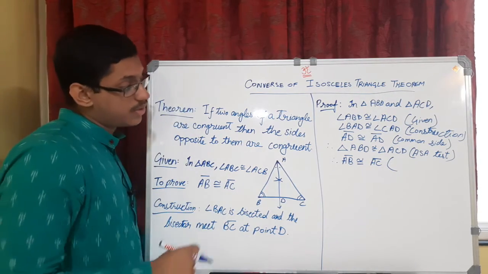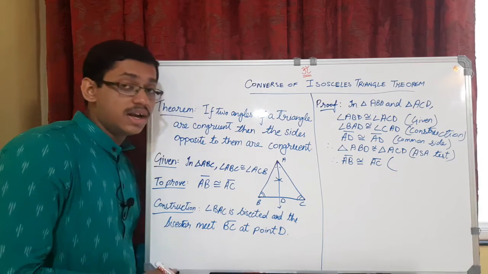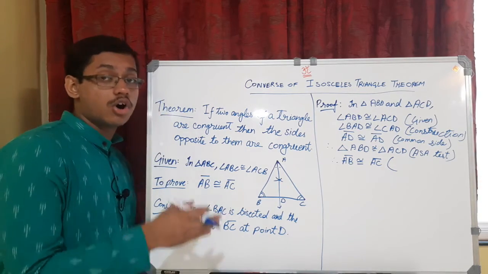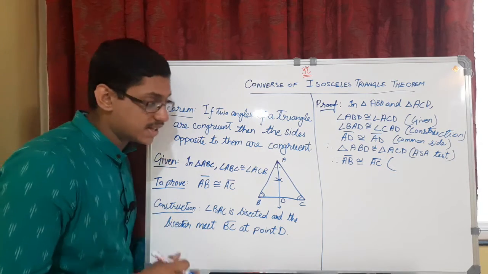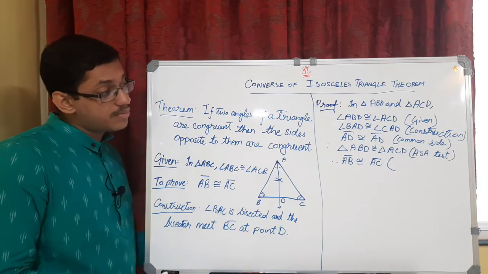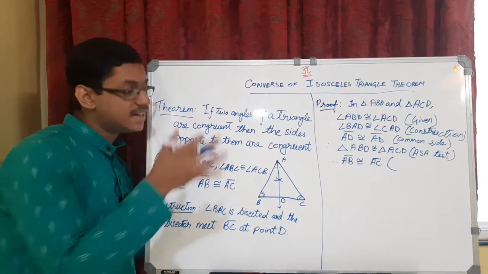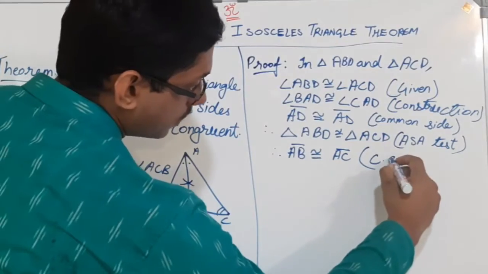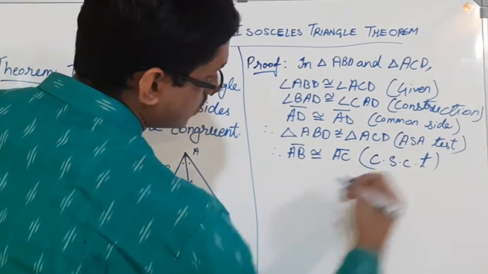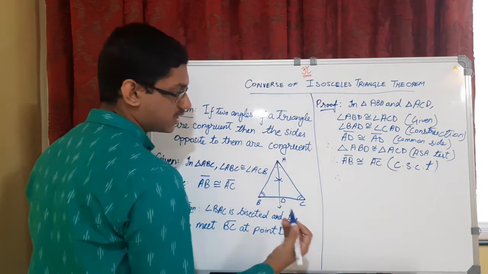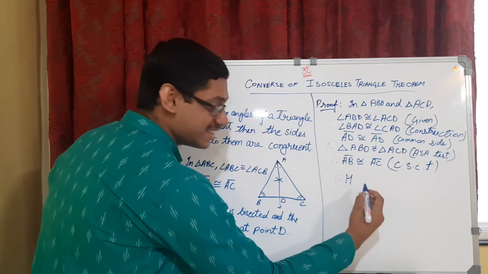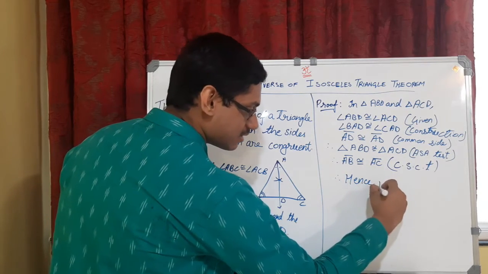Here we will see corresponding sides of congruent triangles. So here it will become CSCT. I am writing it in short only, CSCT. And now the golden statement, hence proved.